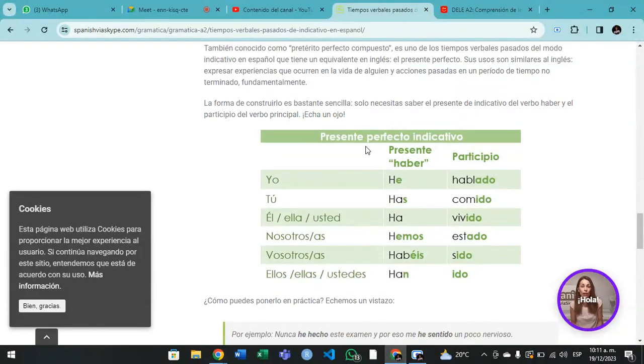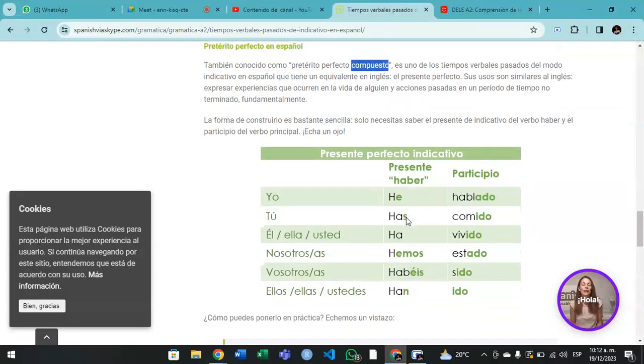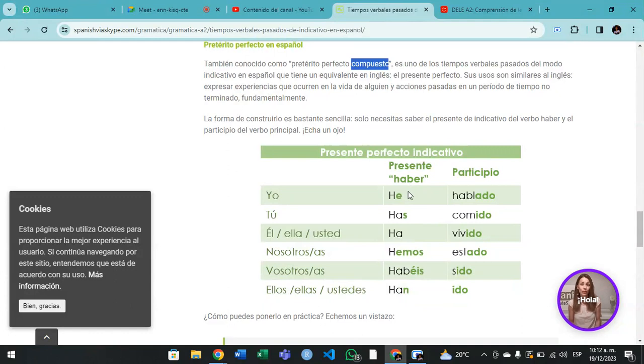It's called pretérito perfecto compuesto. Compuesto means that it has two verbs for just one action. And the first verb is the present of the verb haber.